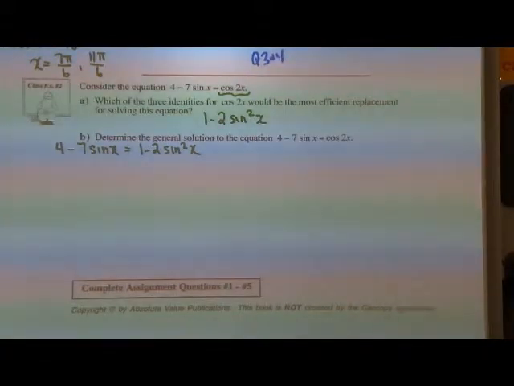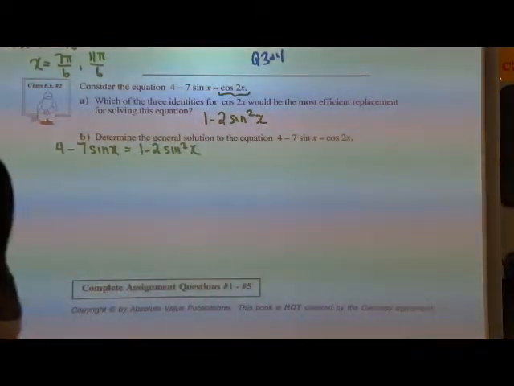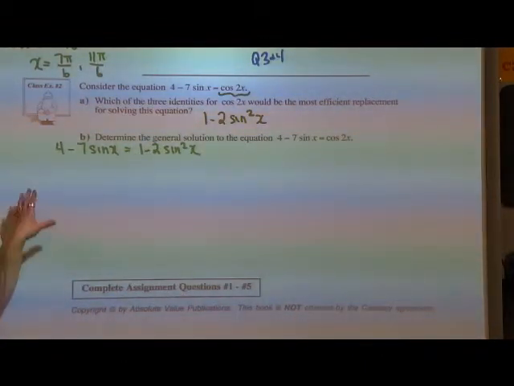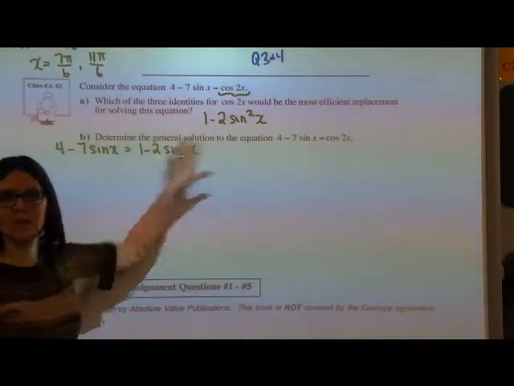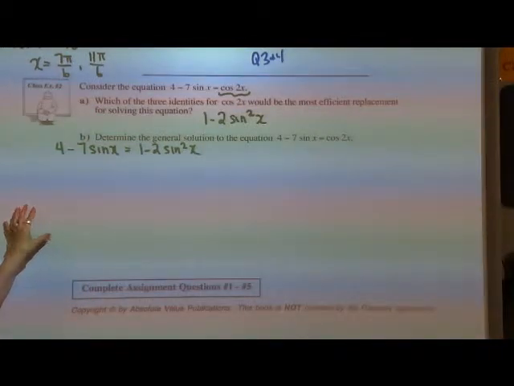So what would I do to solve this equation? Let's move everything to one side. Which one do I want to move? Do I want to move the left to the right or the right to the left? Look at your squared. Is your squared positive or negative?